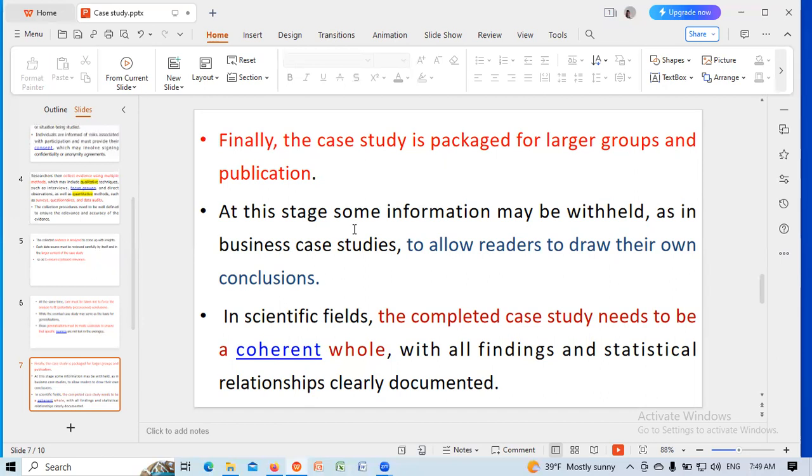But in a business case study, some information may be withheld to allow readers to draw their conclusions, not conclusions from the researcher.